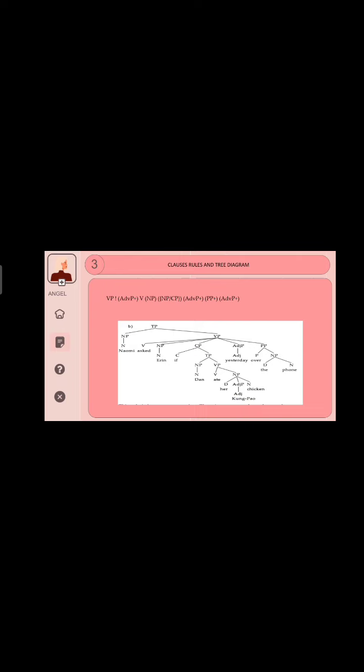Then this complementizer is our C, complementizer "if," and then the tense phrase is noun phrase, noun Dan, and then the verb phrase, verb ate, and then the noun phrase, determiner her, and then the adjective phrase, adjective kung pao, and then the noun chicken. So this sentence goes, Naomi asked Erin if Dan ate her kung pao chicken yesterday over the phone.